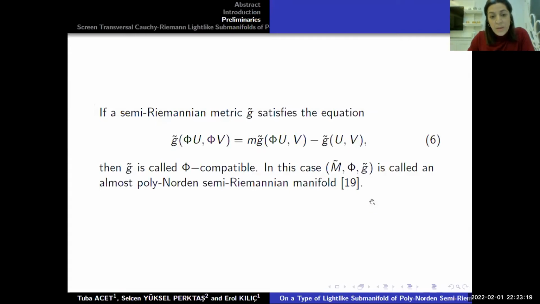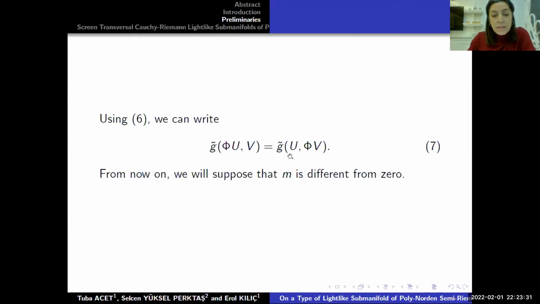If a semi-Riemannian metric G tilde satisfies equation 6, then G tilde is called phi-compatible. And in this case, this triple is called an almost Poly-Norden Semi-Riemannian manifold. And phi is symmetric with respect to G tilde, we can see it here. And we will suppose m is different from 0, because when m is 0, in this case, we obtain the well-known Norden manifold.